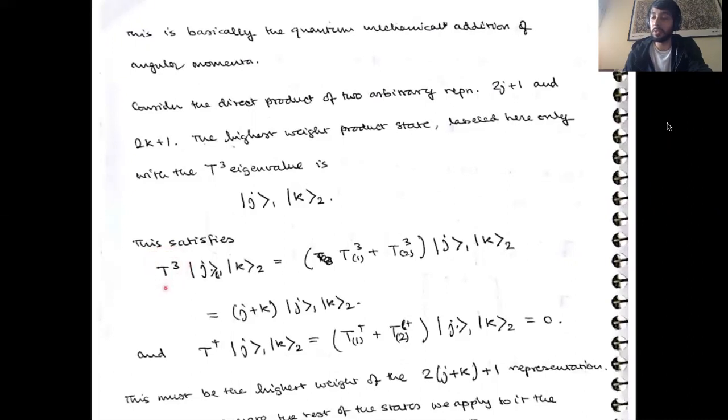T3 on this was T3 of 1 plus T3 of 2, and that gave us J plus K. We then acted with T plus on this, where T plus can again be broken up into T plus 1 and T plus 2. T plus 1 will act on J1 to give you 0. T plus 2 will act on K2 to give you 0. So the whole state, T plus acting on this whole state, thus gives you 0. Let me just clarify this once and for all.